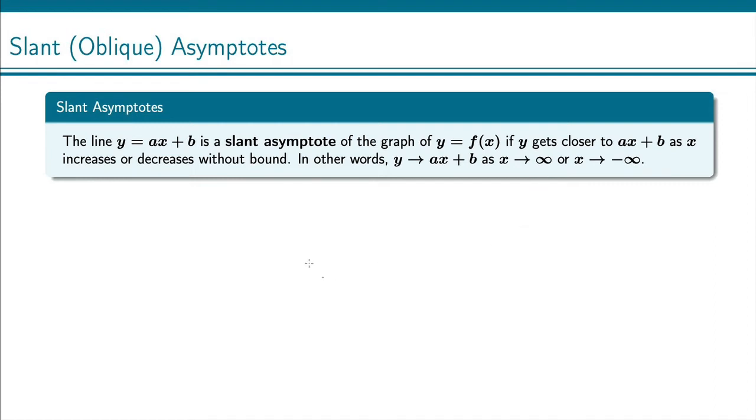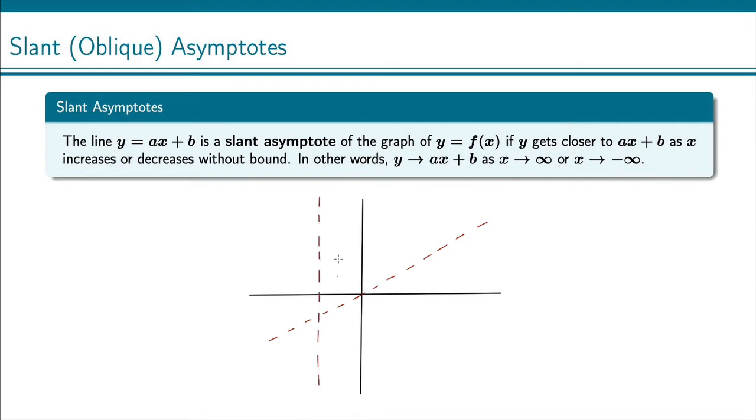Let me just draw a quick picture of what this really means. So we have a graph, and all it means is we have something like some slanted line here, okay? And our function can do all kinds of things. Maybe we have a vertical asymptote, okay?